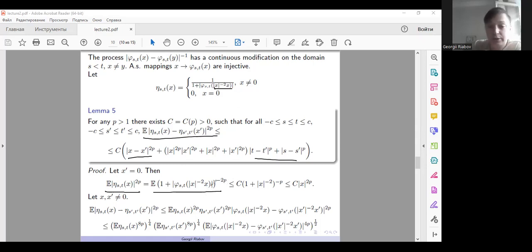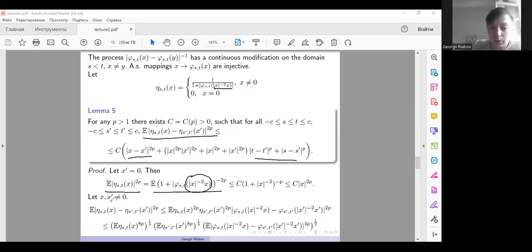And we know how to estimate this expectation. So it's a constant times the norm of the argument, which is 1 over x, to the power minus p. But this is less than a constant times the norm of x to the power 2p.